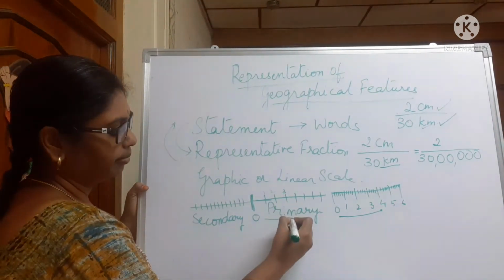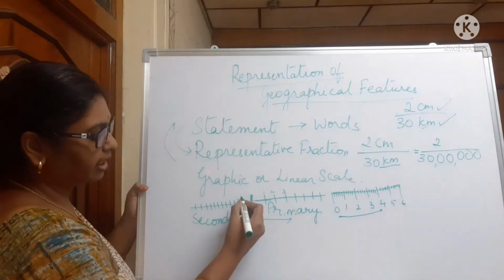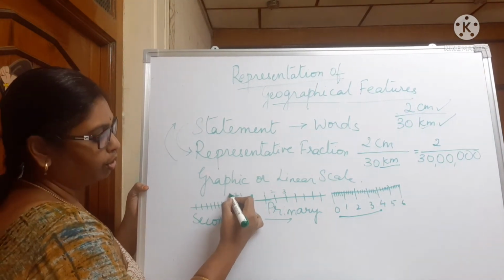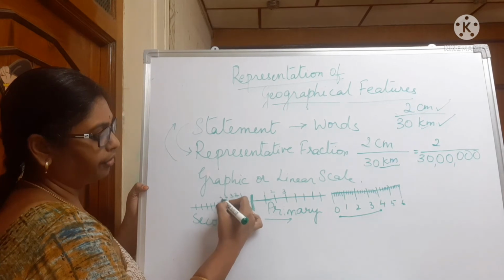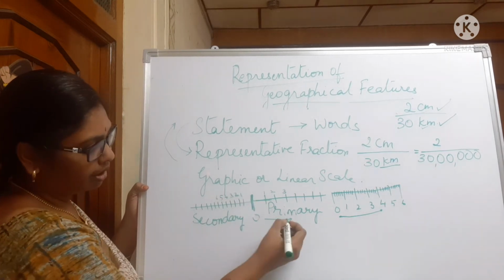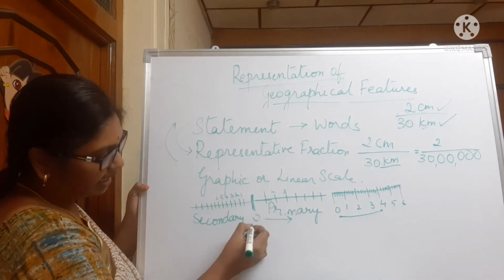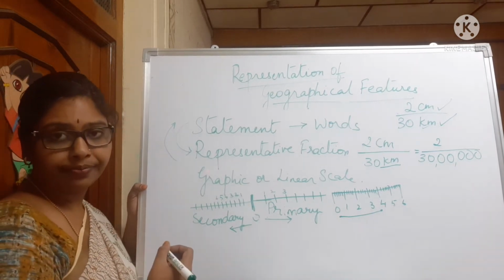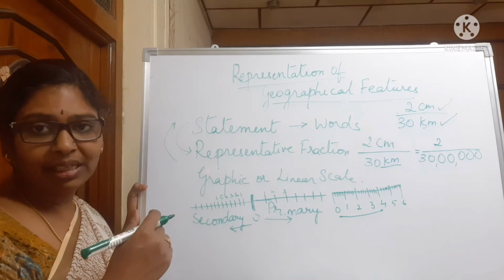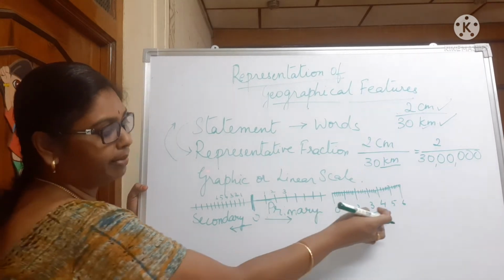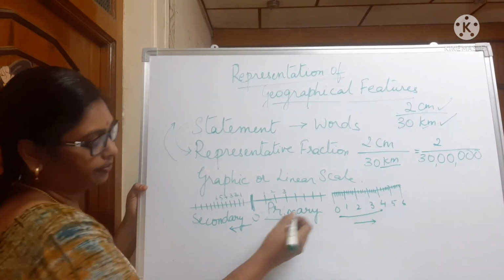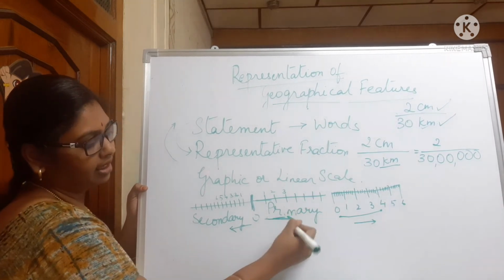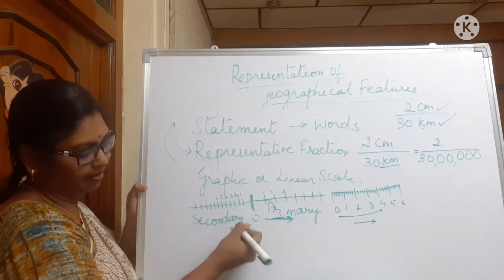After 3, we'll start measuring to the left. 1, 2, 3, 4, 5, 6. So after 3, on this side, again we'll start measuring from here 5 units. So that is how we measure 3.5. Instead of measuring all to one side, primary divisions 3, secondary divisions 5.